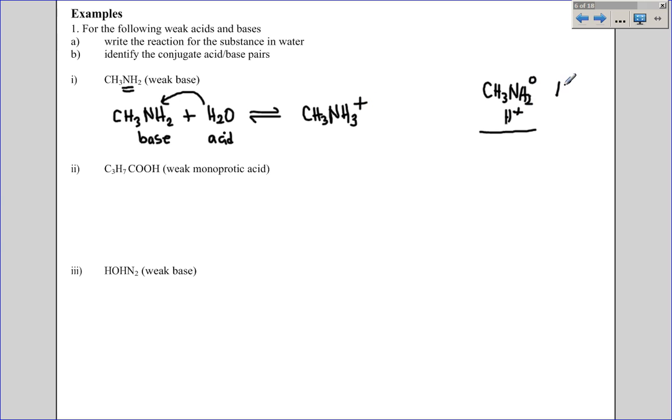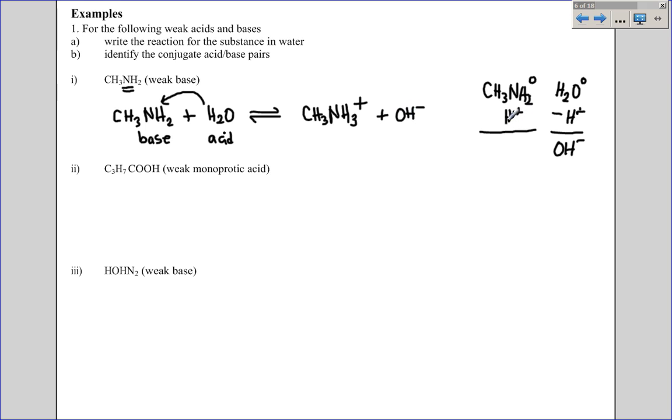At the same time, the water has lost a proton, so we've taken away a proton, leaving us with OH in terms of the atoms, because we've lost an H. The charge: I started with no charge and subtracted 1, so I'm left with a -1 charge. This is a critical skill, to be able to identify the formulas of the products with the proper charges.